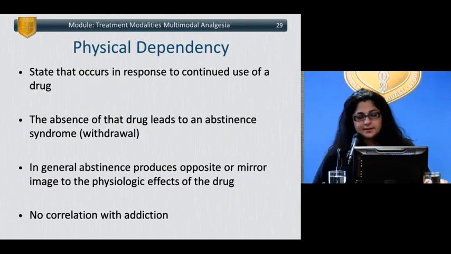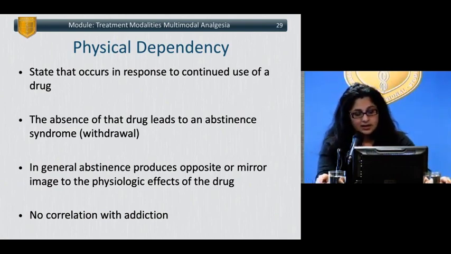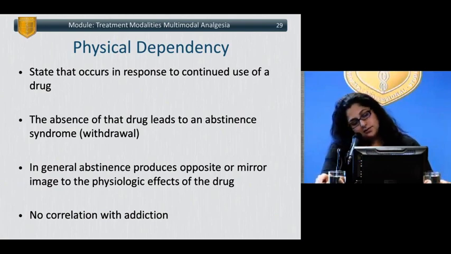Physical dependence, you need to be very careful when describing physical dependence versus psychological dependence. Physical dependence basically means when there's the absence of the drug in the system, patients will develop abstinence syndromes or withdrawal symptoms, which sometimes can be presented as nausea, vomiting, chills, and aches. This does not necessarily mean that they are addicted.